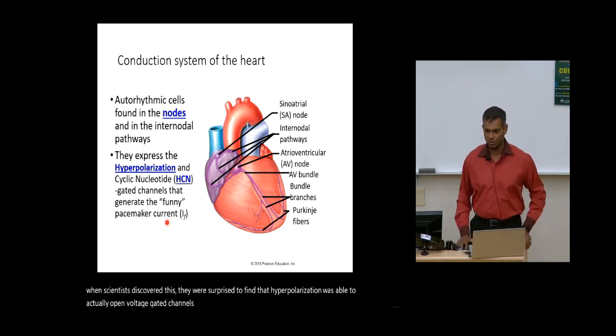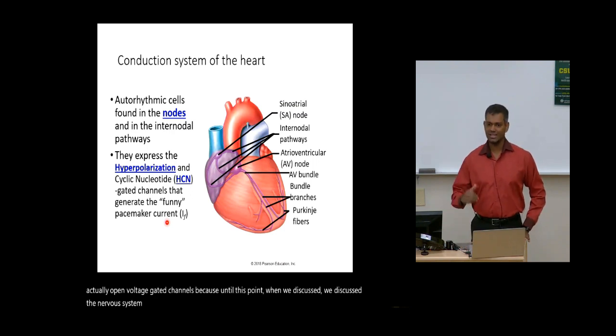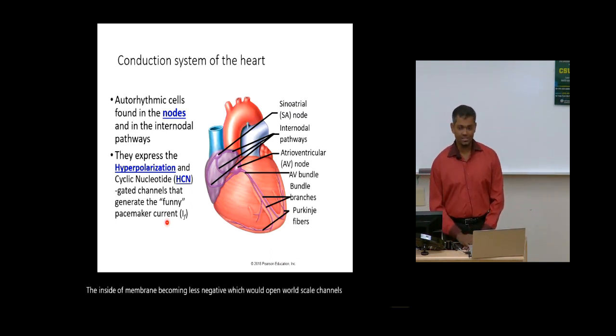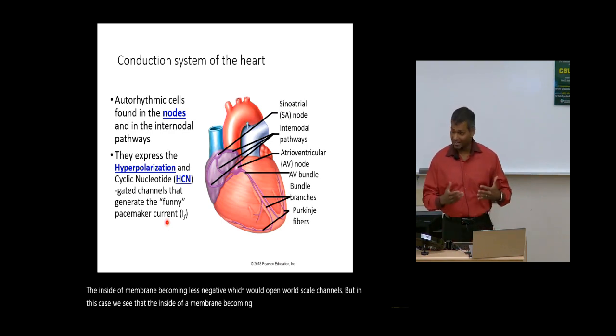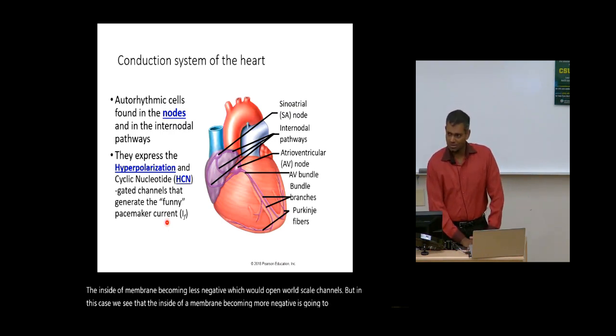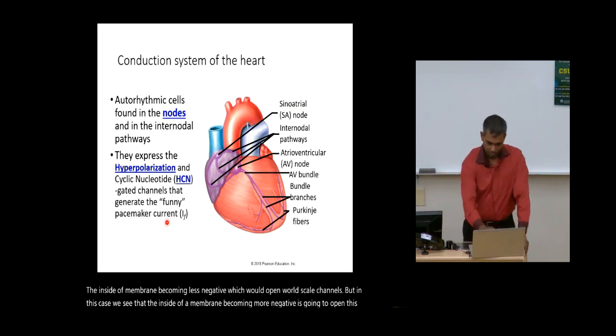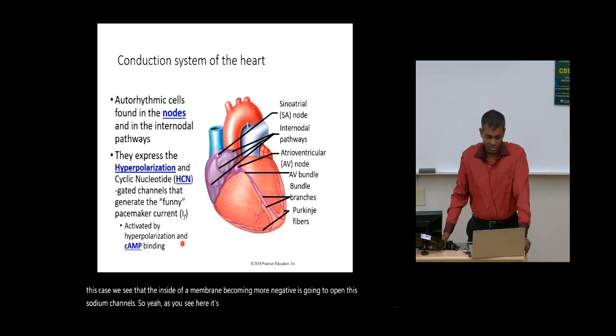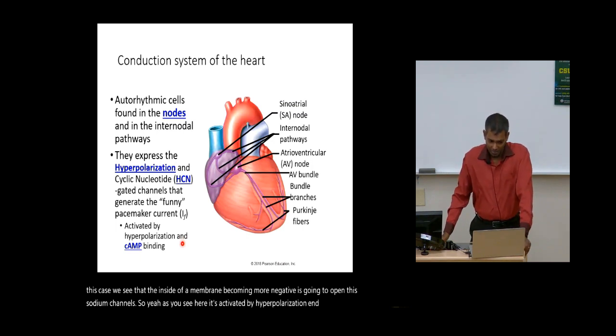Because until this point, when we discussed the nervous system, it was only depolarization, the inside of the membrane becoming less negative, which would open voltage-gated channels. But in this case, the inside of the membrane becoming more negative is going to open these sodium channels. So as you see here, it's activated by hyperpolarization and cyclic AMP.